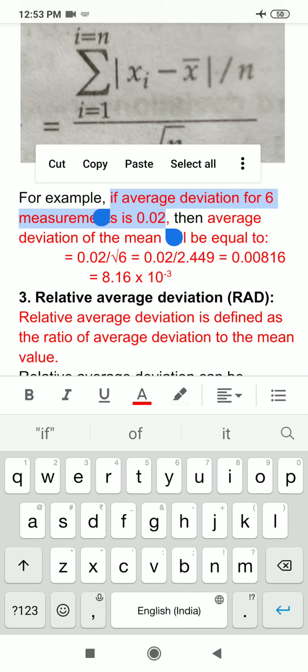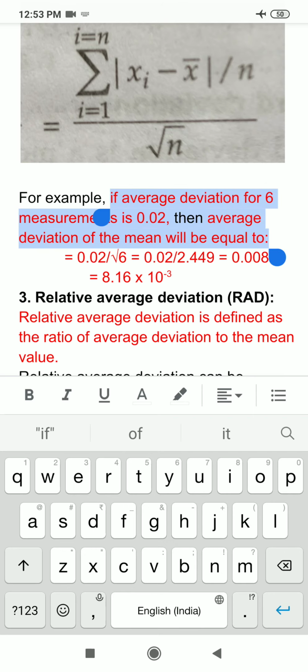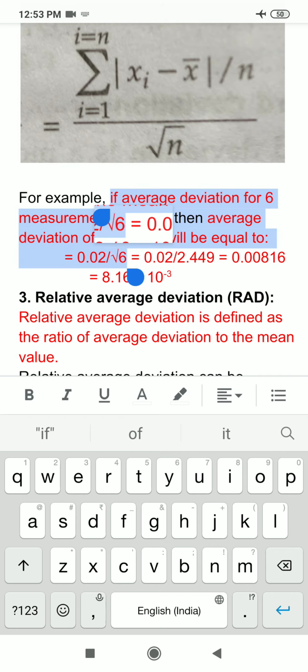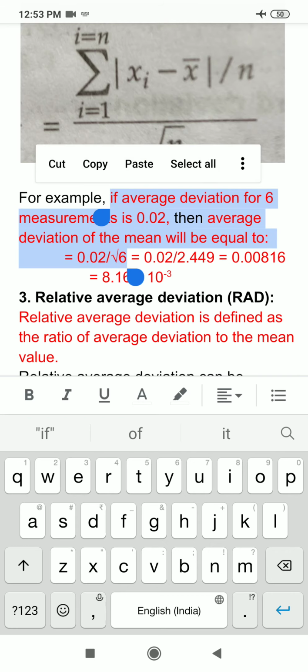Then the average deviation of the mean will be equal to... Now you know that the average deviation given is 0.02, and the number of measurements is 6. So what will you do? You will divide the average deviation, that is 0.02, by under root 6.